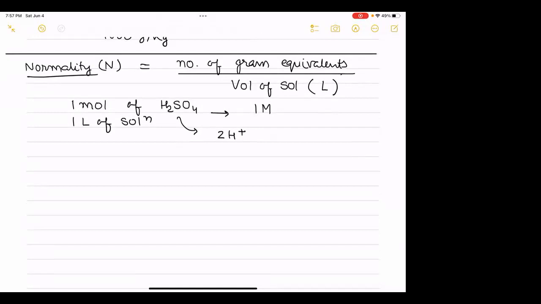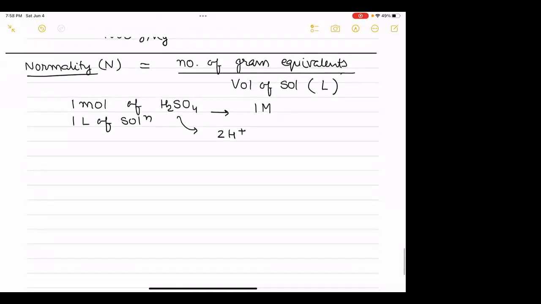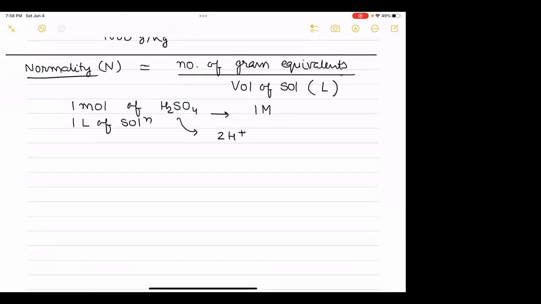So suppose I'm doing acid-base calculations, and I just rely on molarity, I may go wrong, because even if it is 1 mole, it is giving 2H plus ions, which means it is equivalent to 2. I should say the basicity of this acid is 2.